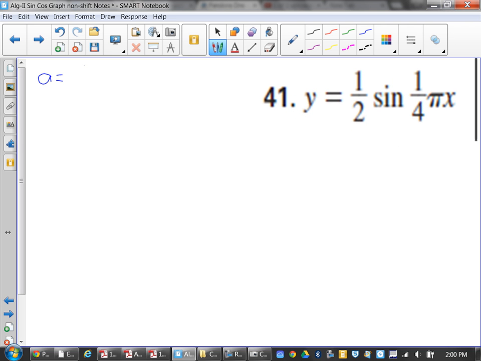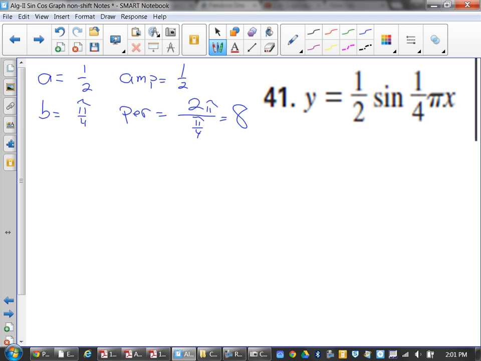Your A is 1/2, that means your amplitude is 1/2. Your B value is pi over 4. So your period becomes 2 pi divided by pi over 4, which is 8, because the pi's drop out and you multiply by the reciprocal. And that's okay, you don't have to have a pi in it. It's no big deal.